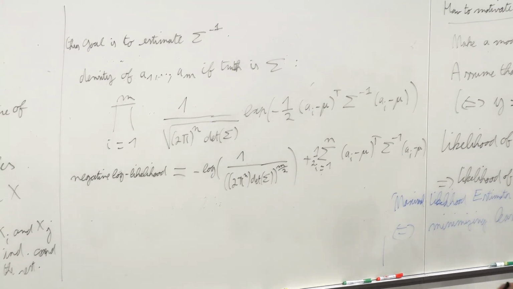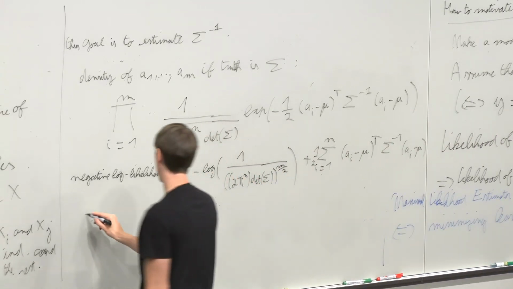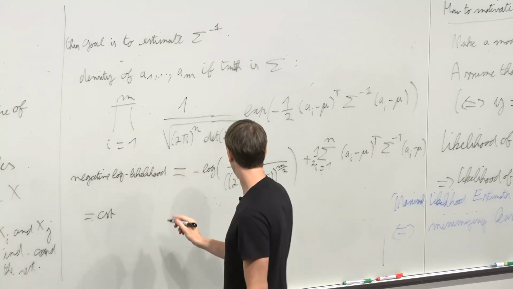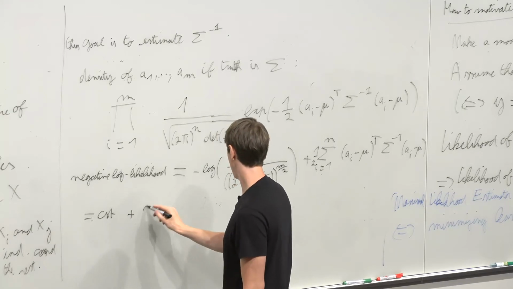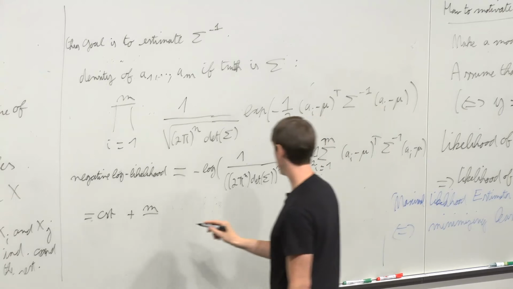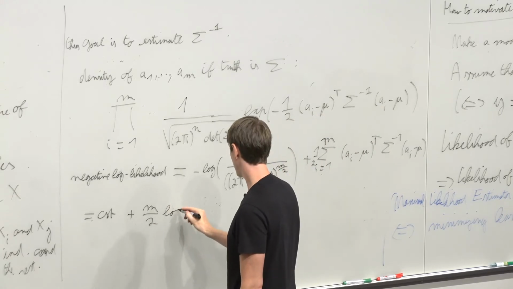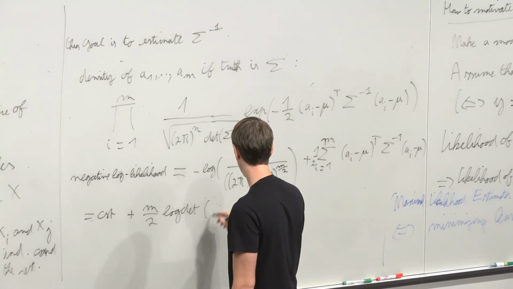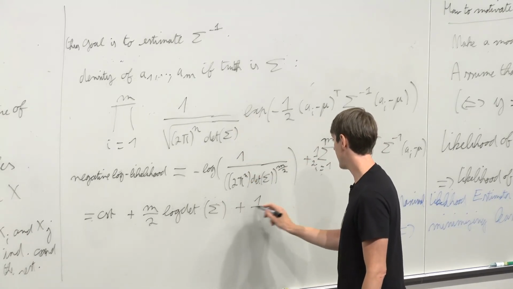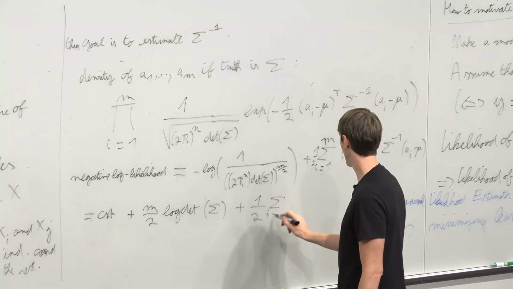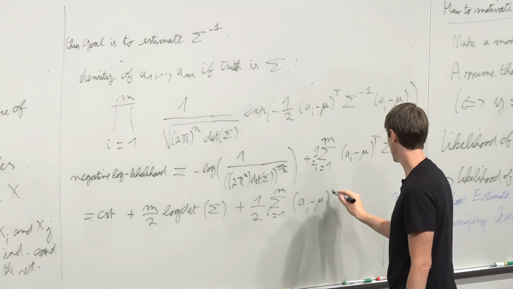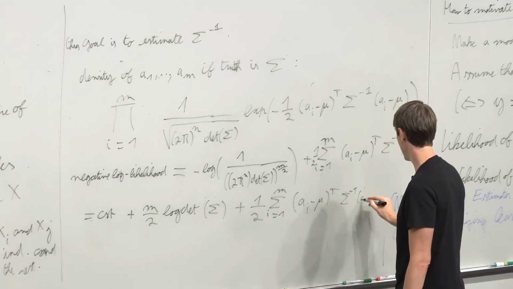Which I'm just going to rewrite like this. So I get some constant, which is this first part, plus m over 2 log determinant of sigma plus 1/2 sum for i equals 1 to m of ai minus mu transpose sigma inverse ai minus mu.